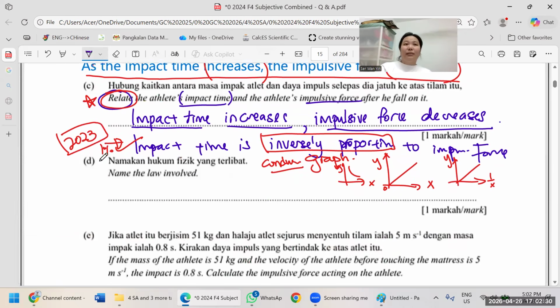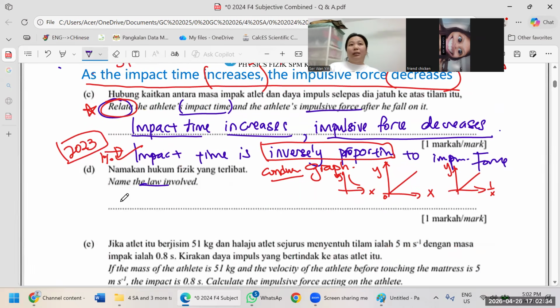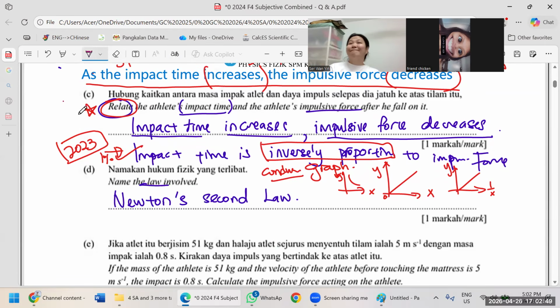Next, name the law involved. Newton's second law. Can I get one more? Yes or no?